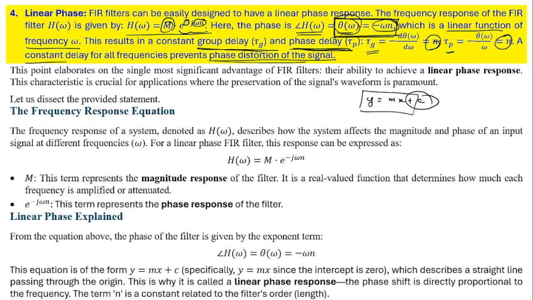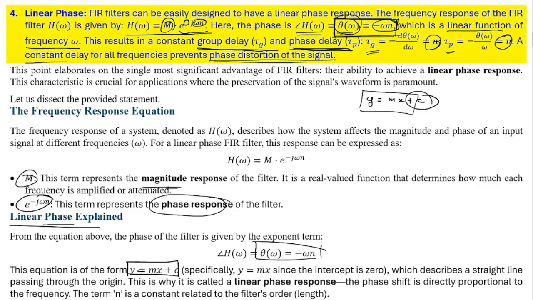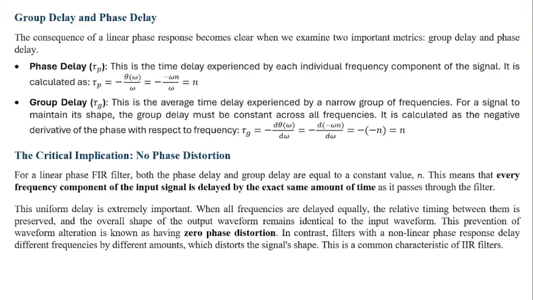As I was telling you, M(ω) is the magnitude response, e^(jθ(ω)) is the phase response, and in the linear phase we have this equation, which can be treated as a linear equation. We call it a linear phase response because the phase will vary in a linear fashion. How it will vary, we will see a bit later.